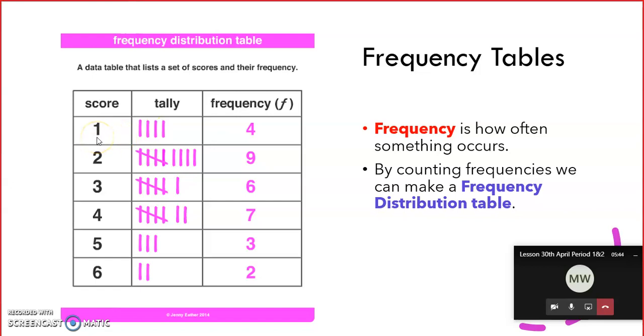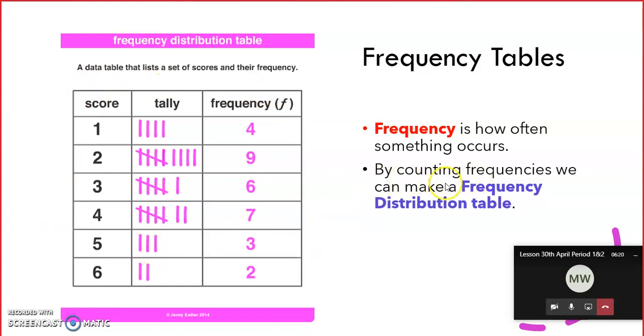That means there are four matches where this player achieved 1 mark, and there are 9 matches where the player achieved 2 scores, and then there are 6 matches where the player got 3, and 7 times that the person got 4, and then 3 times the person, doing really well, got 5, and then 2 times the person got 6 out of the match. Not sure which match that refers to, but I'll give you a general idea of what that looks like.